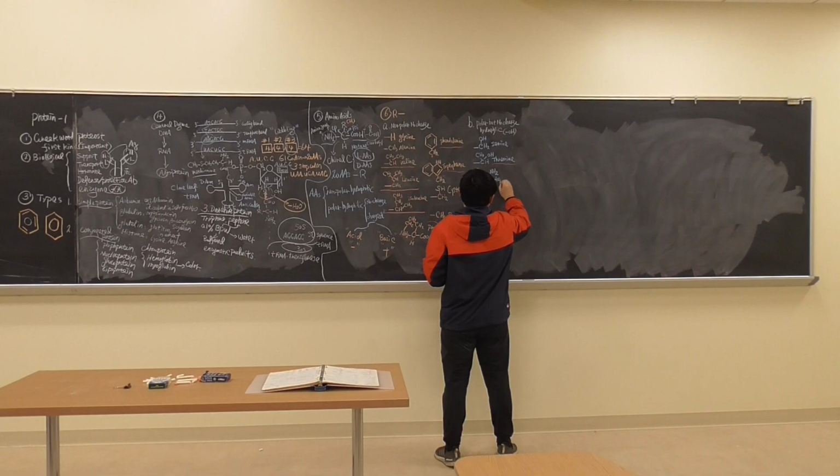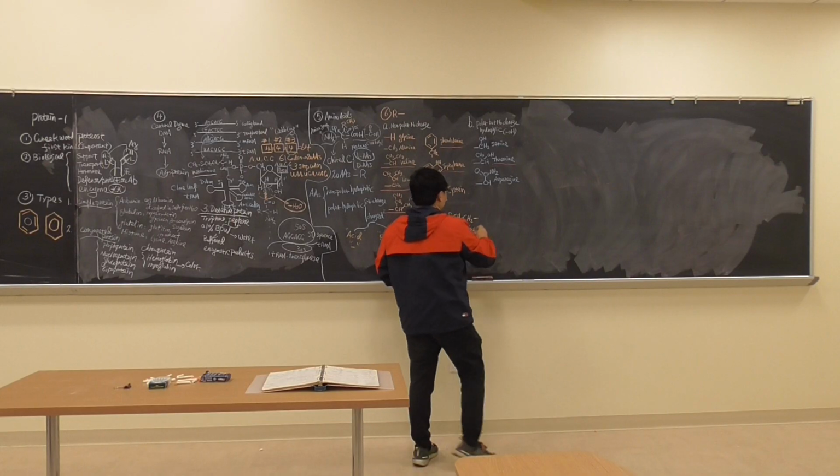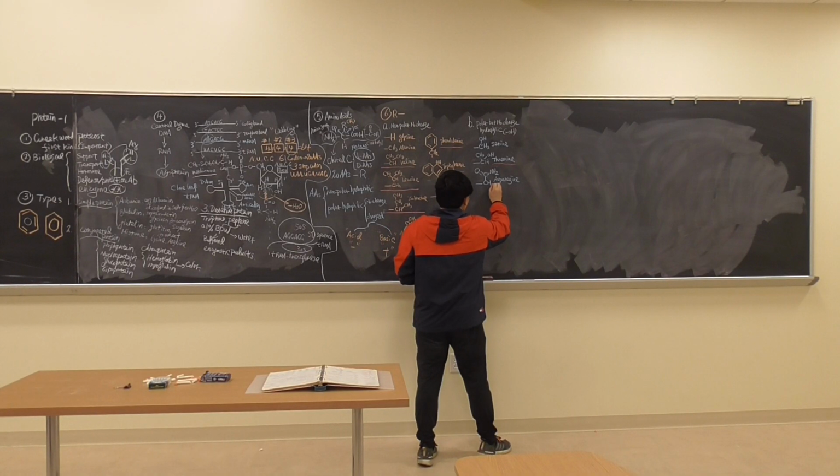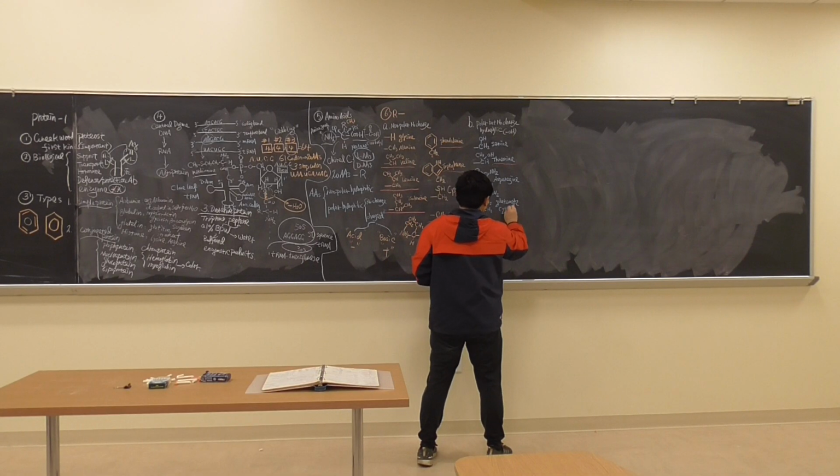That's asparagine. And then you add one more there. So we add CH2, CH2. You have a C. This guy is called glutamine, or glutamate sometimes, because of glutamine.